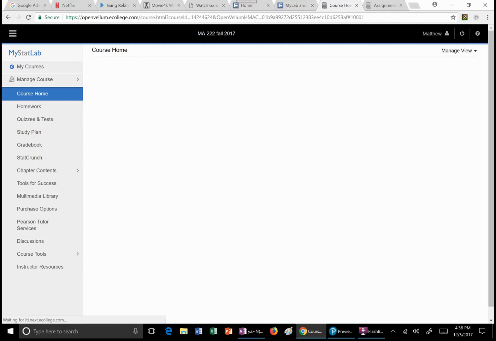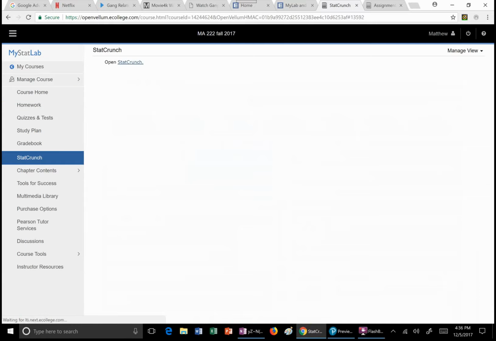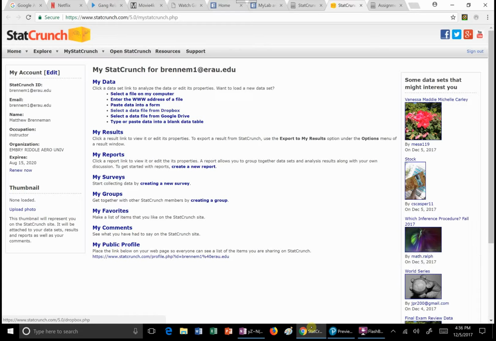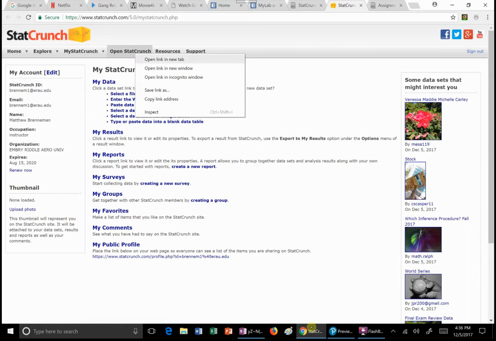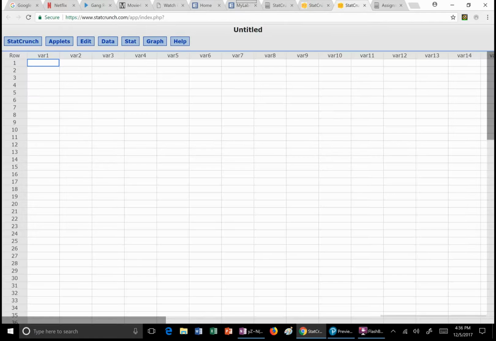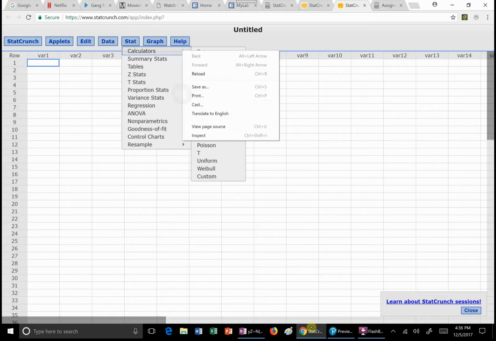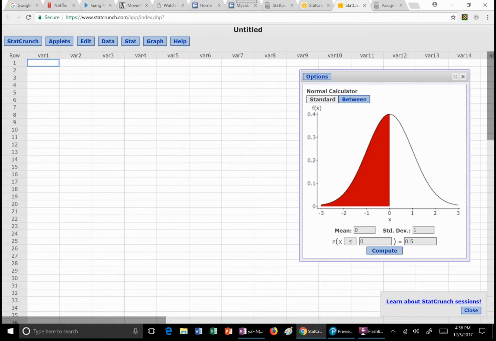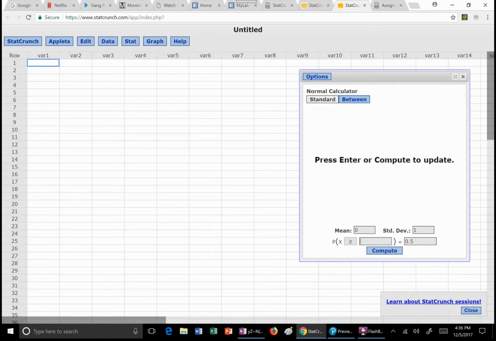So now we go straight to StatCrunch, and we just compute that p-value. All right. So I go to Stat Calculator, Normal. A mean of 0, standard deviation of 1, and I want the probability that I'm greater than 2.19.